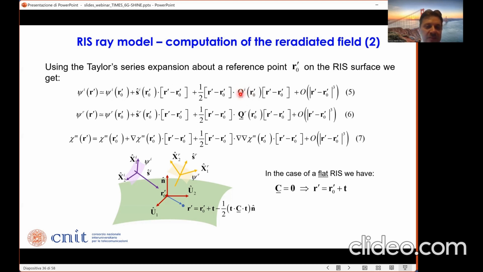So the curvature matrix Q is the Hessian matrix of the eikonal function, which is the phase function of the geometrical optics field. These two expressions are basically the same for the incident and radiated field, and also we can define the Taylor series expansion for the phase modulation Km imposed by the RIS.